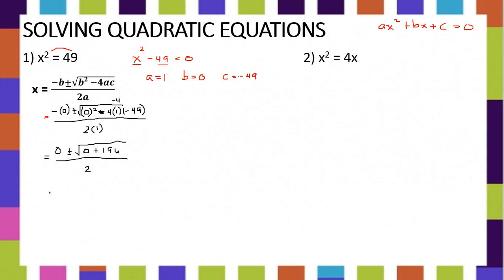Na-simplify na natin. Ang meron na lang tayo ay positive, negative square root of 196 over 2. Ayan, square root of 196.